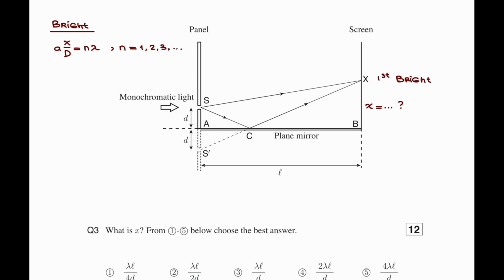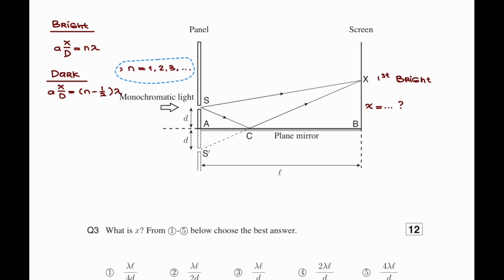And then for dark fringe, our formula is A X over D equals N minus half lambda, where N is also 1, 2, 3, 4, and so on.